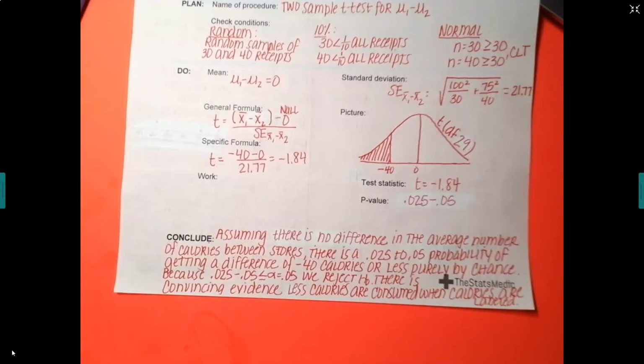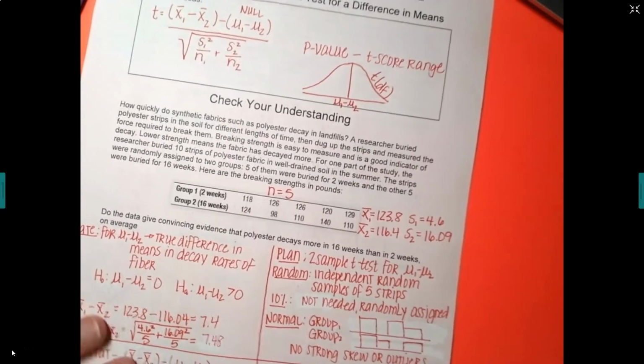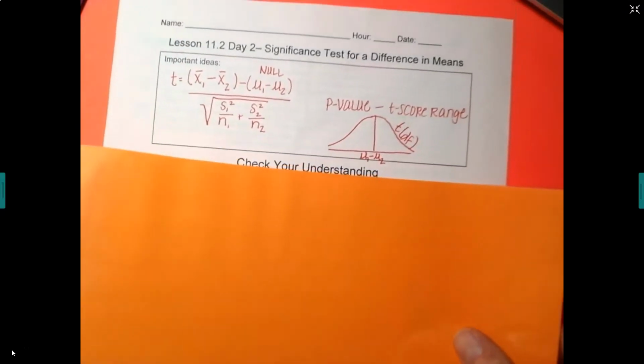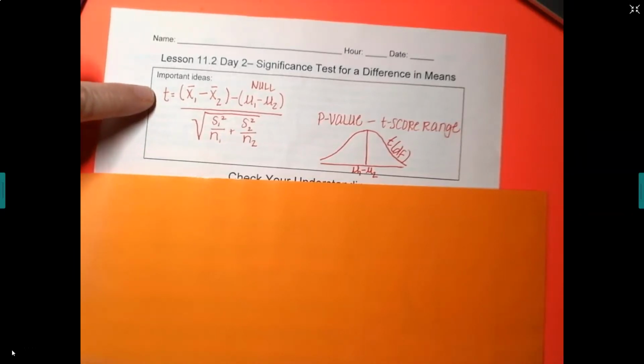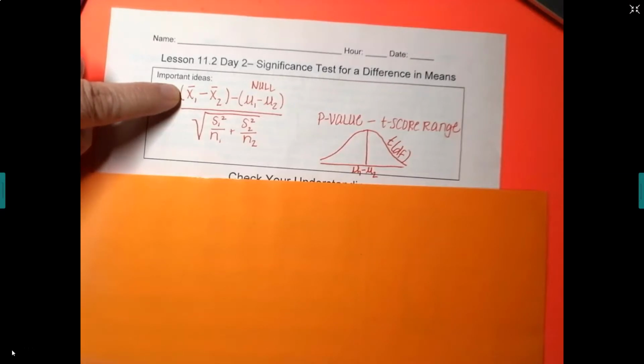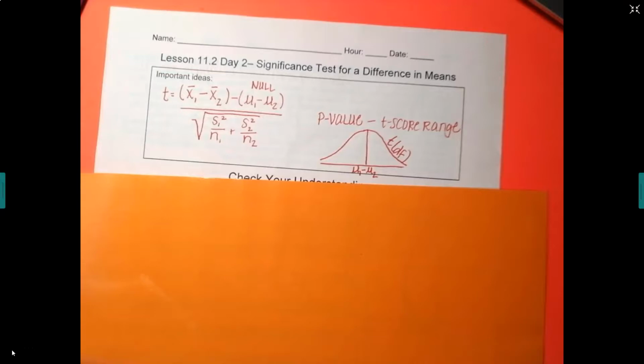Okay, to summarize our notes today and see if we met our learning targets. So when you're finding your t-score, your test statistic, you take the difference in the statistic minus the parameter, which is the null, which is almost always 0, and put it over the standard error of the statistic, which is the standard deviation.